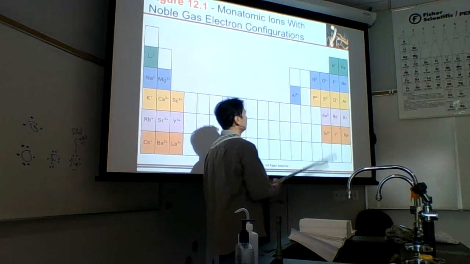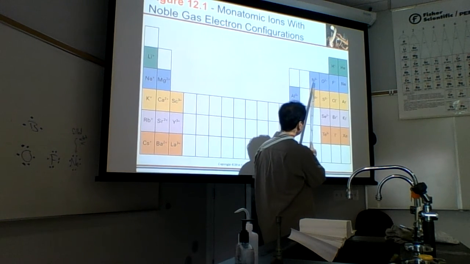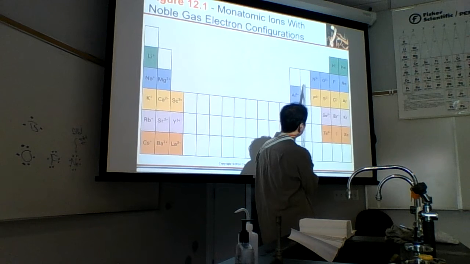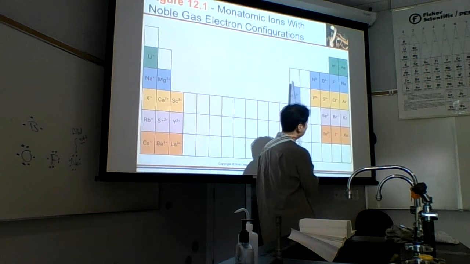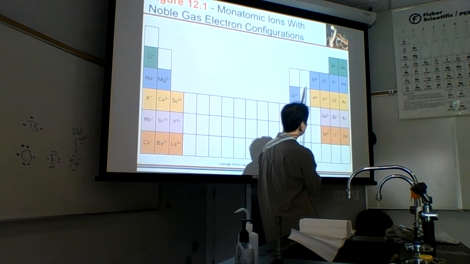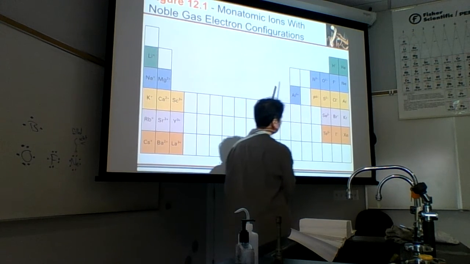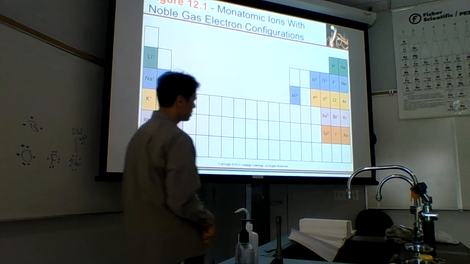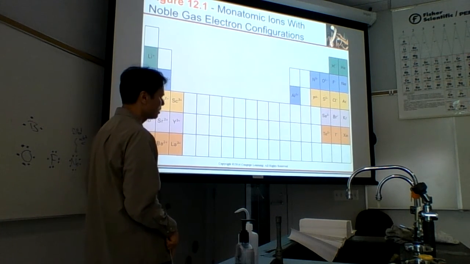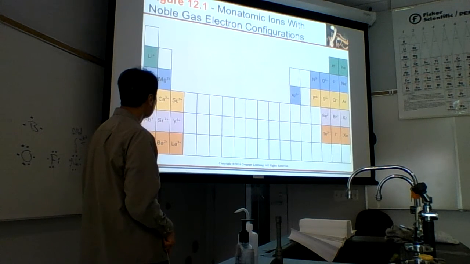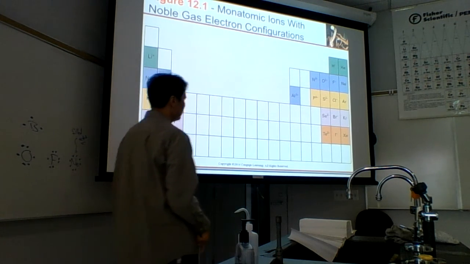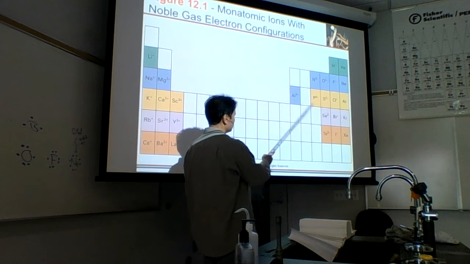But these are monatomic, and so nitride. To have a carbon in a -4 is not so easy, and a carbon in a +4, because those are very high charges. Those high charges have to be stabilized by interacting with other species. So as far as having plain old ions go, these are the stable ones.